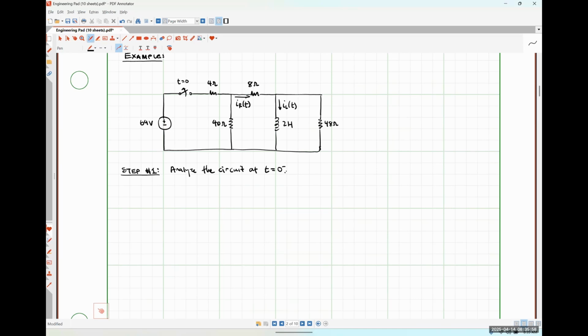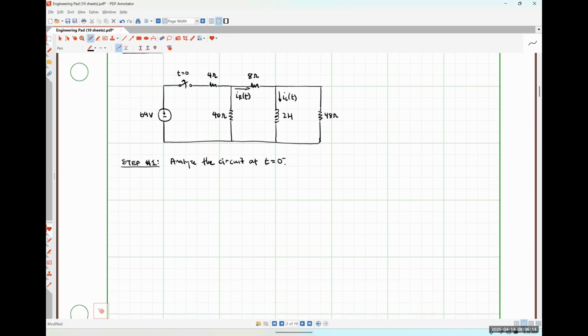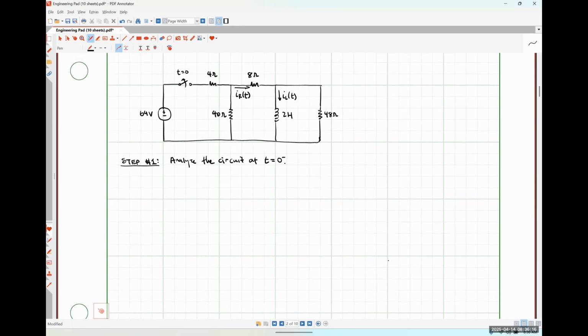And it is representative of what has been happening from t is equal to negative infinity up until the moment right before our switch changes state. So because it's a DC circuit, it's going to have the same value for that whole chunk of time, right? So at this particular point in time, our switch was closed and we're at DC steady state. So our inductor is going to look like a short circuit.